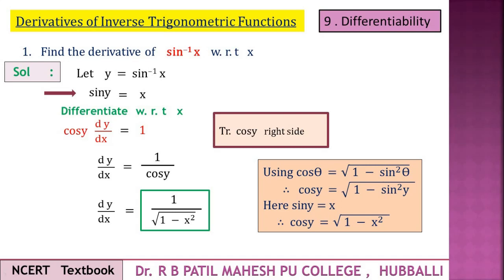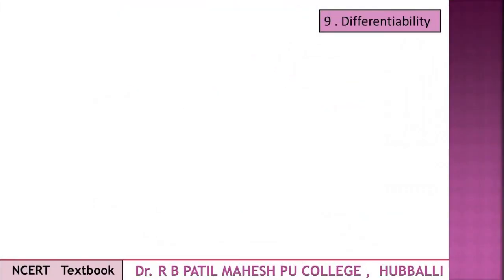For example, you write the derivative of sin x as cos x; in the same way, this function's derivative is written as 1 divided by root of 1 minus x square. I hope you understood. Now let me go to the second trigonometric function, cos inverse x. Find the derivative of cos inverse x with respect to x.